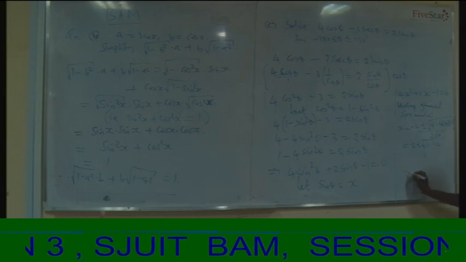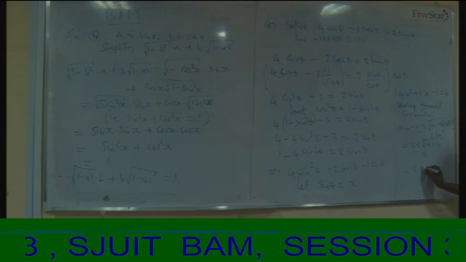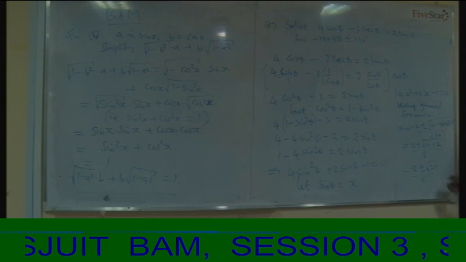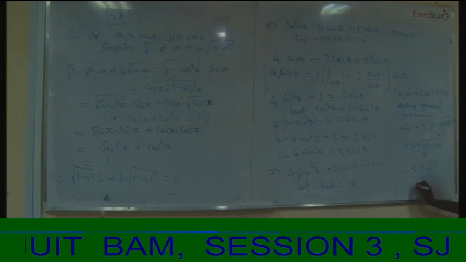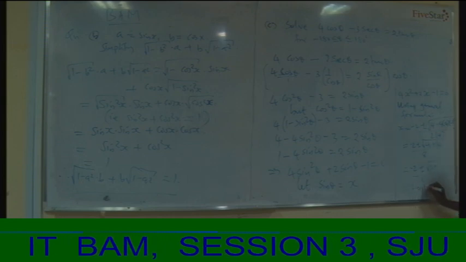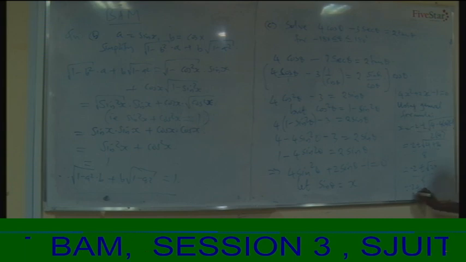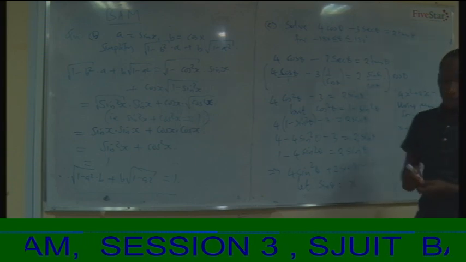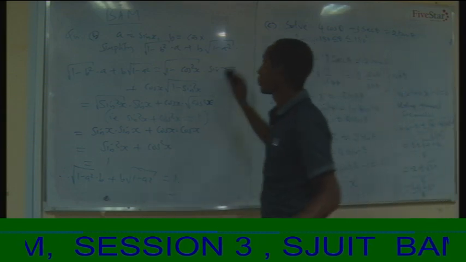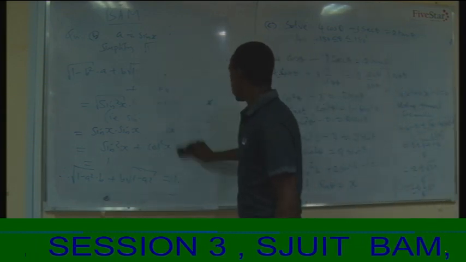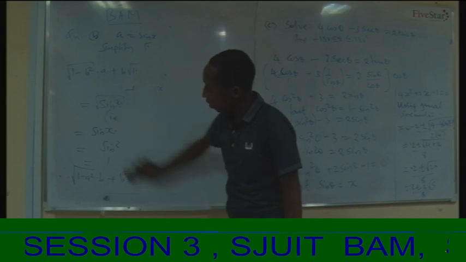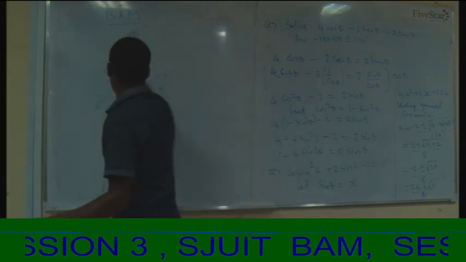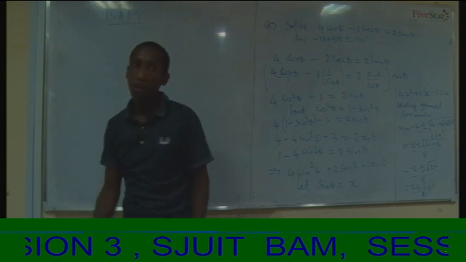And this is just negative 2 plus or minus square root of 20 divided by 8. So we can simplify this as negative 2 plus or minus 2 square root of 5 divided by 8. And then we can further simplify that expression by dividing each term by 2 to get the most simplified expression.